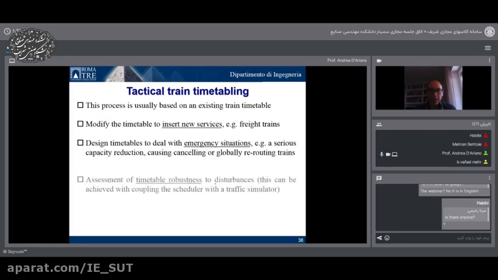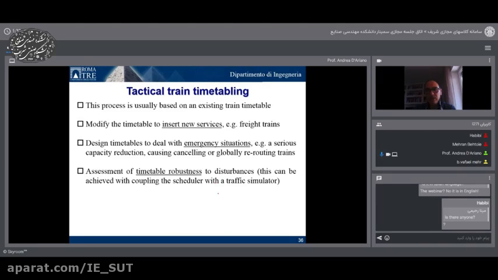So tactical timetabling is also used to define so-called robust timetables. There is a very significant amount of literature dealing with timetable robustness.